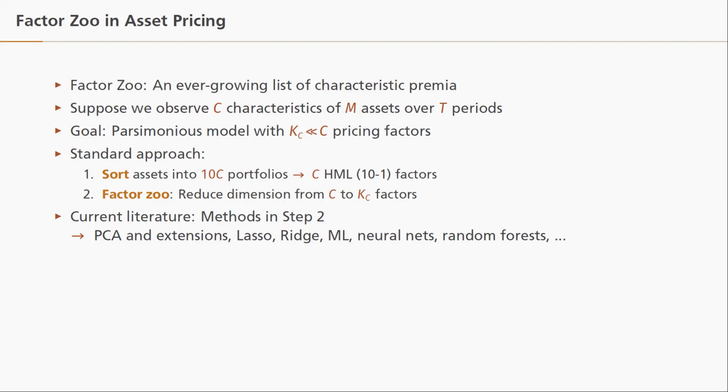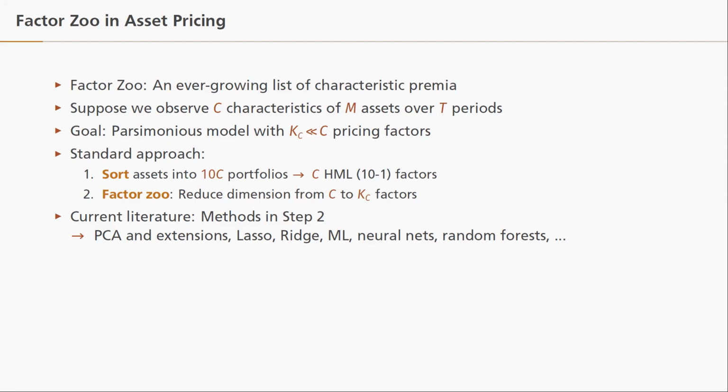Once we have this very large dimension, C is very large, we have C factors. And the factor zoo challenge is to reduce the dimension from this large number of C characteristic factors to a smaller number of KC factors that, in the end, are deemed relevant and form the true, in quotes, pricing model. The literature focused obviously on the second step, the dimension reduction.